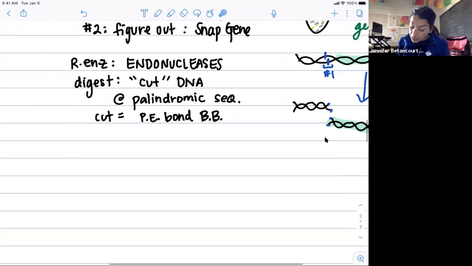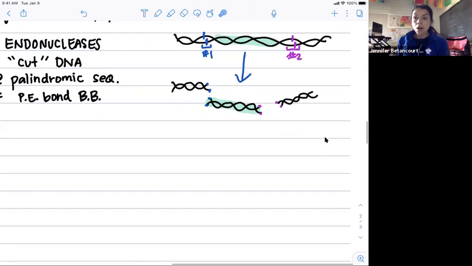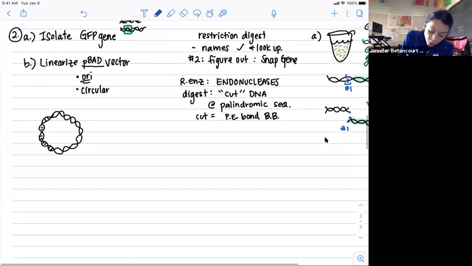So those specific edges are called sticky overhangs, and the overhang sequence is the result of the enzyme you use. So if this is the sticky overhang for restriction enzyme number 1, if you use restriction enzyme number 1 over here, you find a place in there that you can use that same restriction enzyme, that is going to create the complementary overhangs.